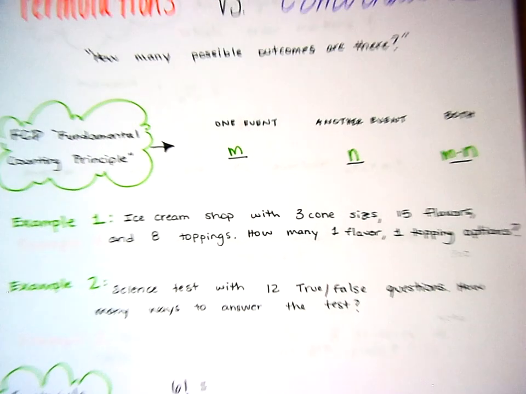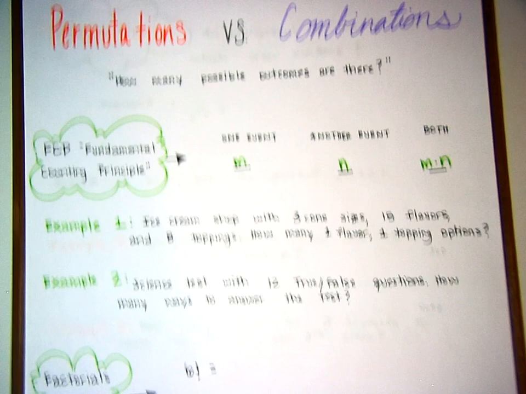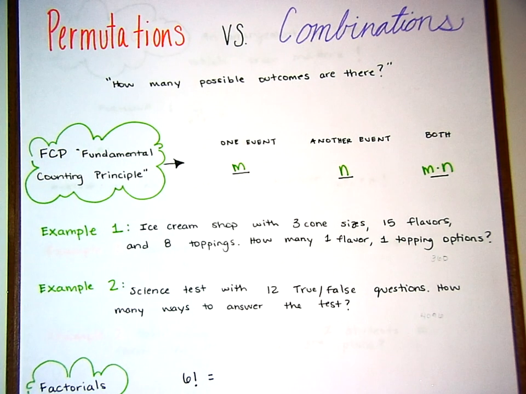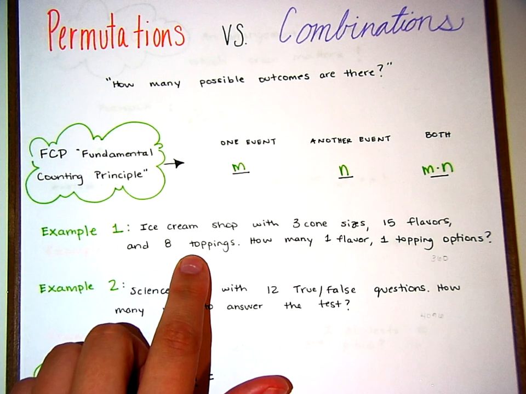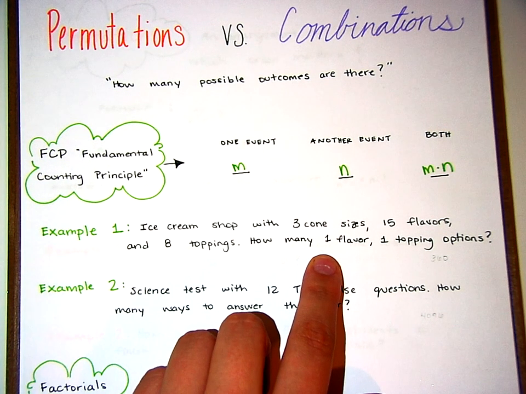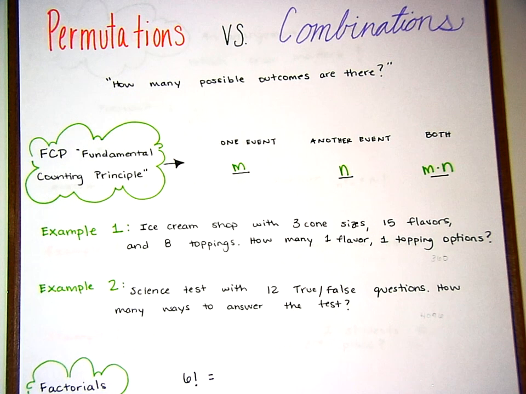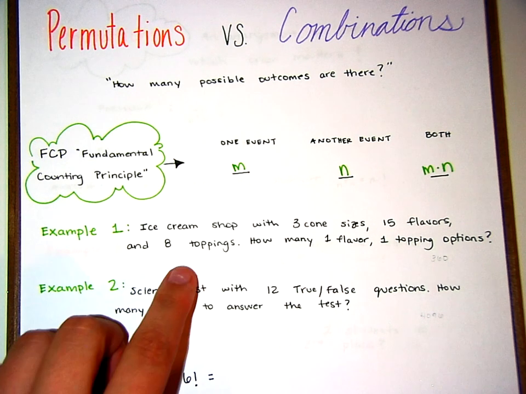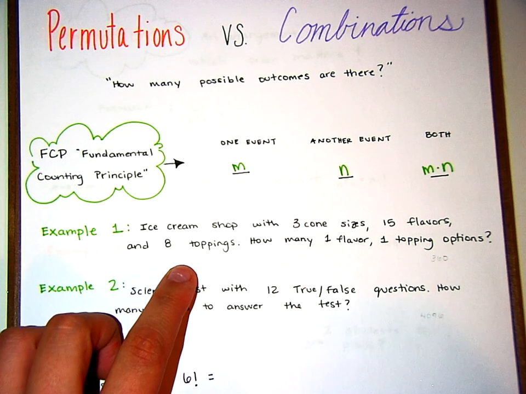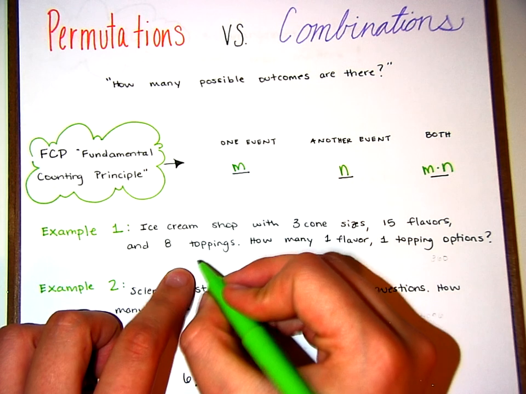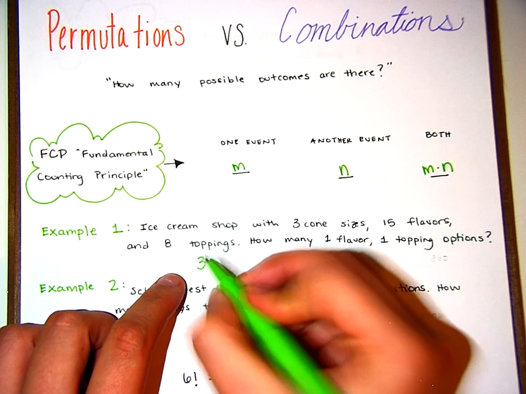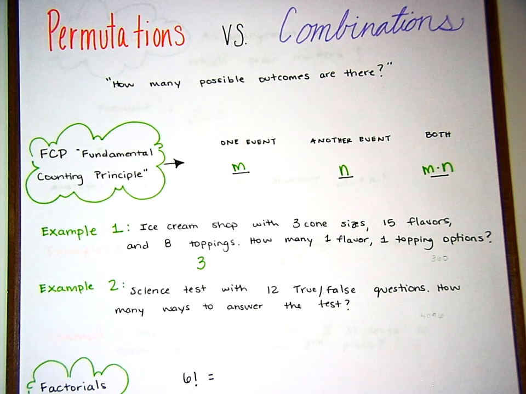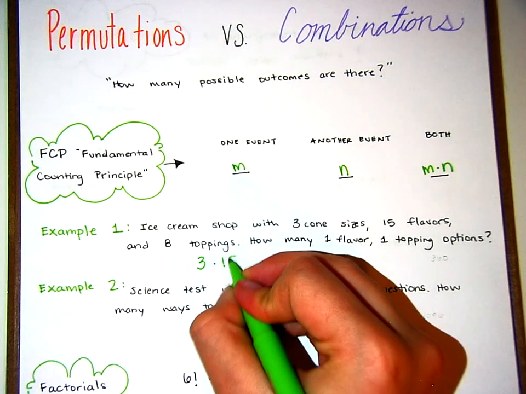Okay, so first example, if I have an ice cream shop with 3 cone sizes, 15 flavors, and 8 toppings, how many one flavor, one topping options do I have? And so I'm going to take the number of possibilities for the first event, if you will, or sizes, so that's 3 cone sizes. And then if I have 15 flavors, then that's how many outcomes I have for the next, so I'm going to multiply.